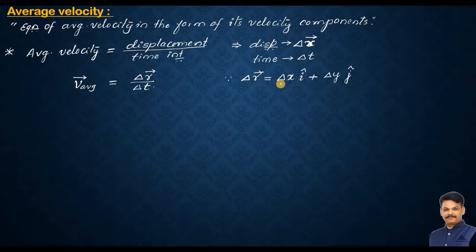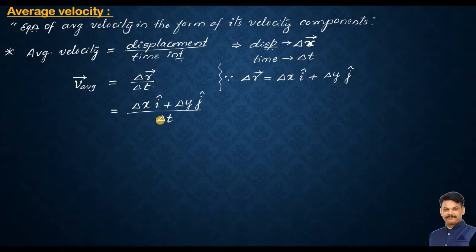Delta x is the small displacement along the x-axis and delta y is the small displacement along the y-axis, and i and j are their unit vectors. So instead of delta r I can write delta x into i cap plus delta y into j cap, whole divided by delta t.